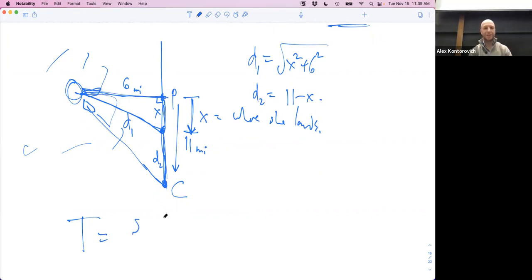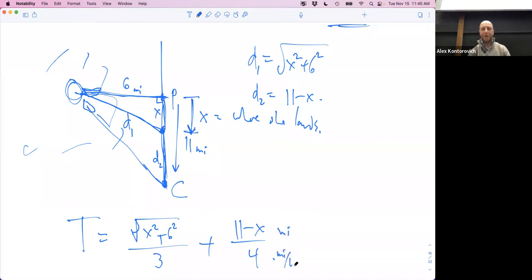Distance over speed is the amount of time it takes to cover the first leg, plus distance over speed for the second. Does that make sense? And again, you can use dimensional analysis to help you out here. This is distance, miles. This is speed, miles per hour. So the miles are going to cancel on top and bottom, and the hours will come to the numerator.